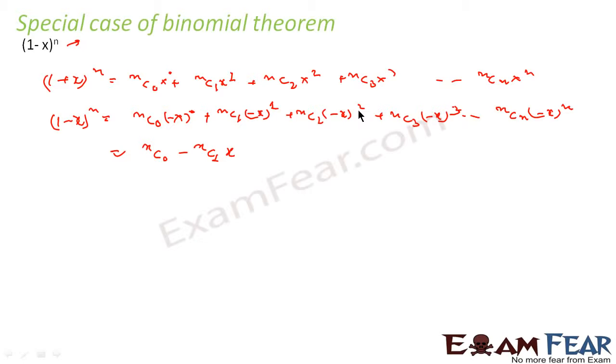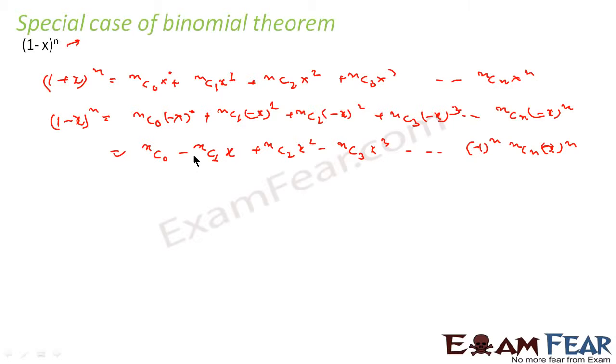Minus x to the power 2 is equal to x square, so this becomes nC2 x square. This again becomes negative, because minus x to the power 3 is minus x cube, and so on, up to minus 1 to the power n into nCn x to the power n. Here minus x to the power n I have written as minus 1 to the power n into x to the power n. So you get this formula.